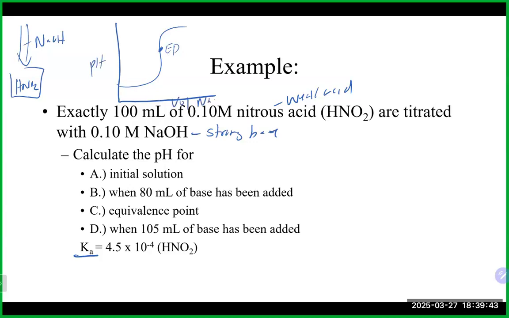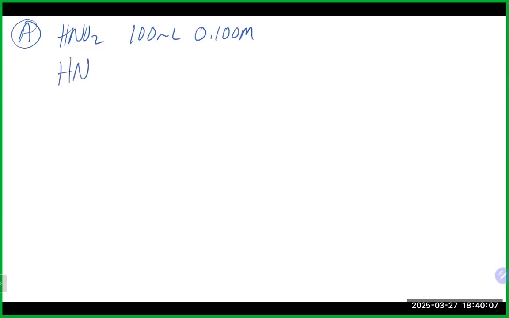All right, so starting out the first part, obviously before we begin, we have really just the weak acid in our beaker. So at point A there is just the HNO2, and that was 100 milliliters, I believe, of 0.1 molar. So it will just be a weak acid dissociation.